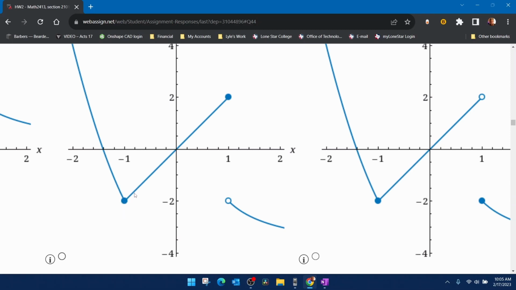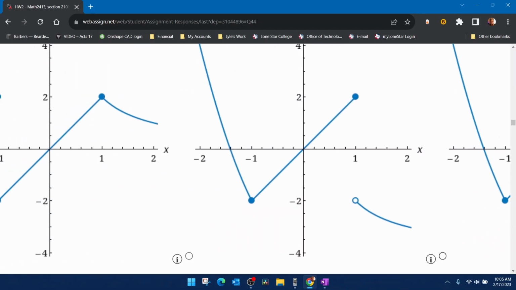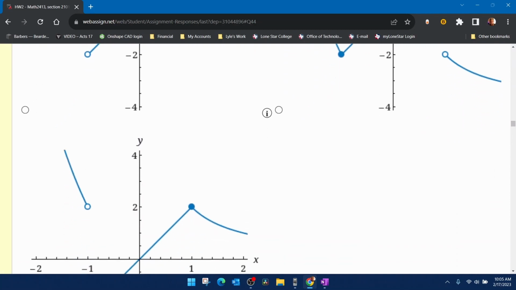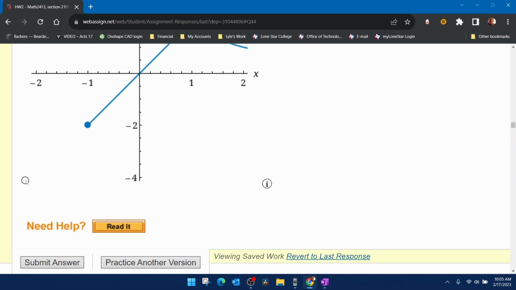There it's continuous. Okay, it can't be this graph, again, because it's continuous at -1. So hopefully the fourth graph will be the one we need. And that looks correct. Coming in from the left, -1's not allowed, but coming in from the right, -1 is allowed, and it is not continuous. And so we're going to select that.